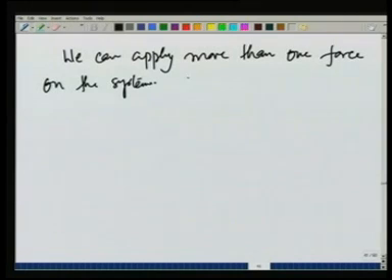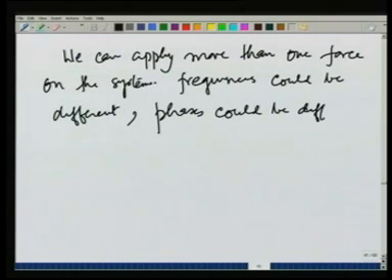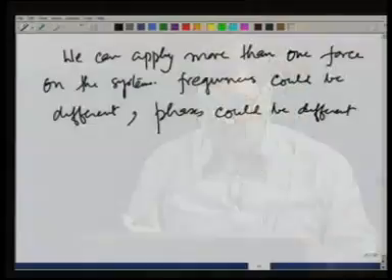Not only that, their frequencies could be different, phases could be different. When I say phases could be different, I mean when one force is maximum, the other force need not be maximum at that time. So, what would be the motion in general?